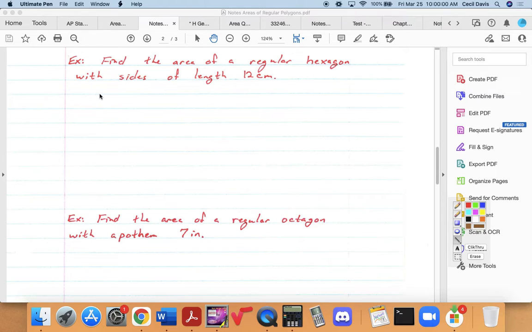So here we want a hexagon where every side is 12. And as always, one of the mistakes that students tend to make is they make it so small that they can't tell what's going on. Try to make it fairly large.